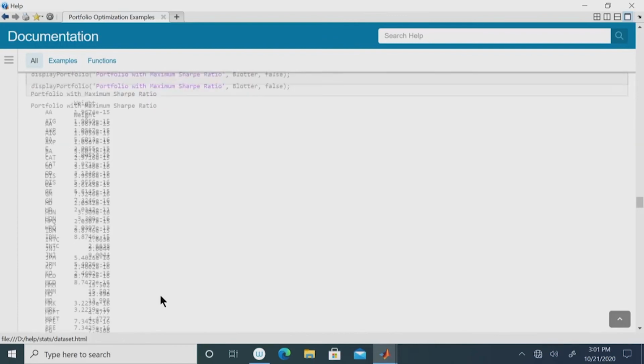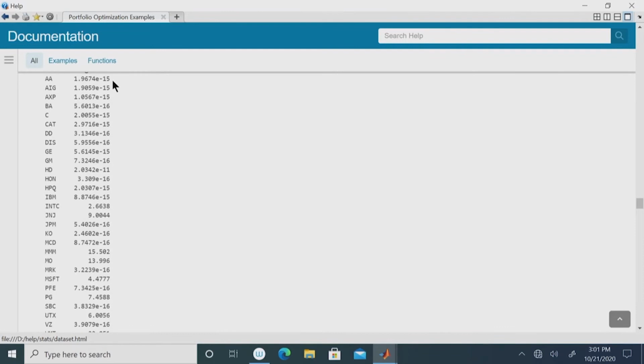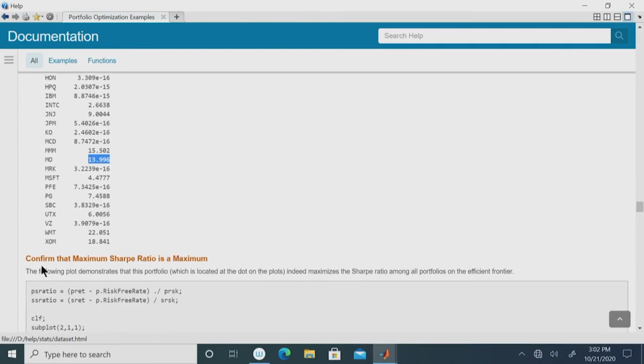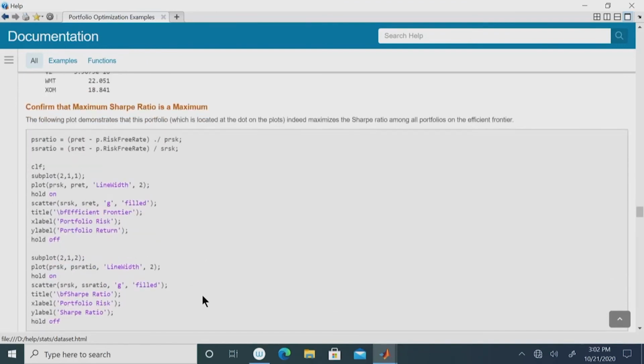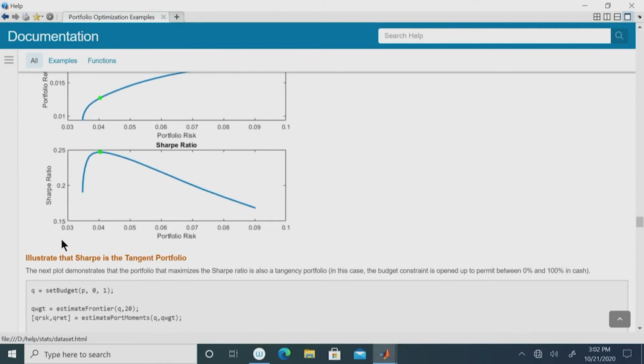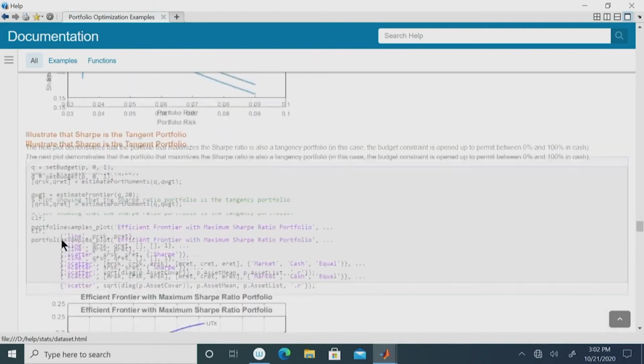And here if you observe carefully, while most of the weights are extremely low, some of the important names show up: 15% for 3M, 13% for Microsoft, 22% for Walmart, and 18% for Exxon Mobil. So, here you can do a cross check and verification that the maximum Sharpe ratio is indeed maximum by this. So, we now come to the illustration that the Sharpe ratio is the tangent portfolio.